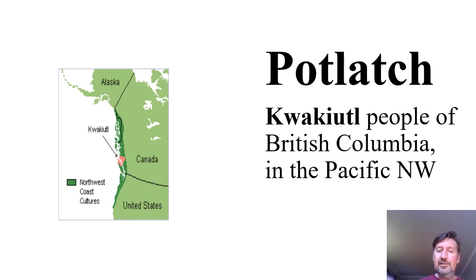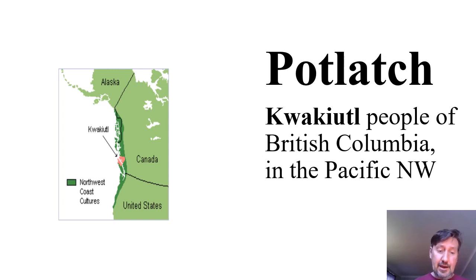Similar systems of exchange are found elsewhere in the world. For example, the moka of the highlands of Papua New Guinea, which you already watched the movie about. In a potlatch, the leader of a host group invites a rival group as guests to a large communal feast.